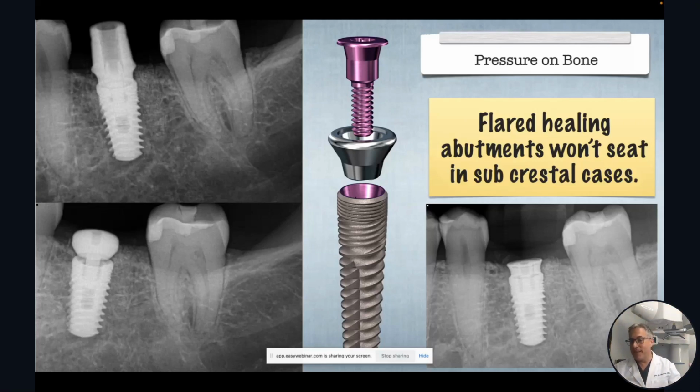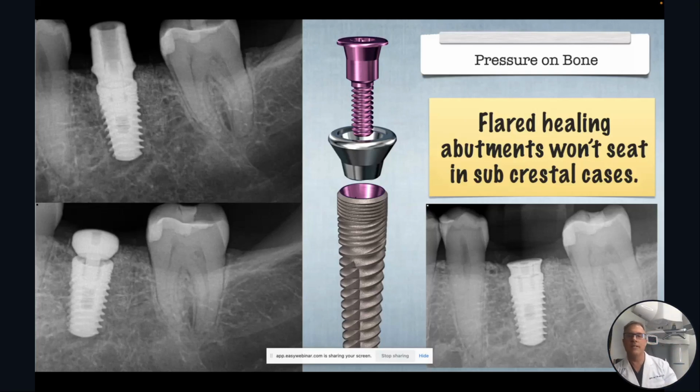Cortical bone is basically avascular bone. And so if I place my implant platform at the cortical crest of the ridge, am I going to get a lot of good stuff happening? Am I going to get osteoblasts and osteoclasts around there? Probably not, right? But if I place that in vascular bone, I've got a better chance.